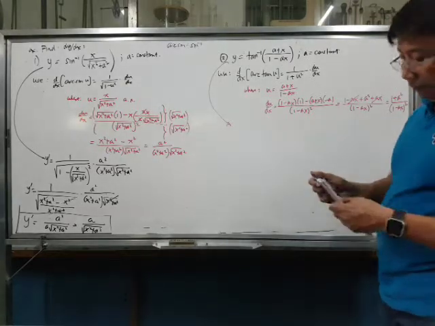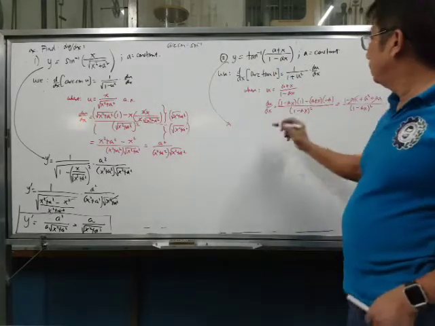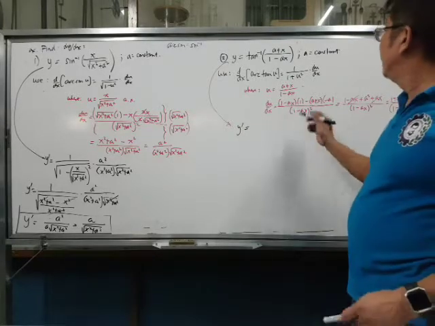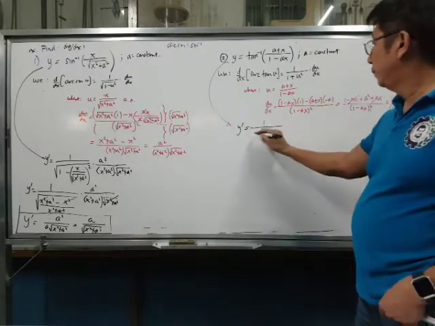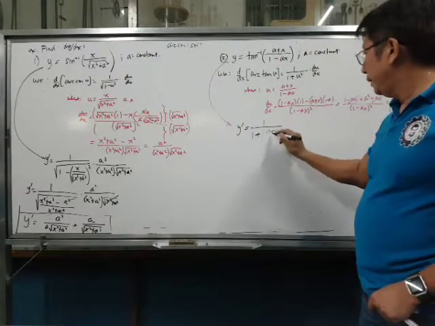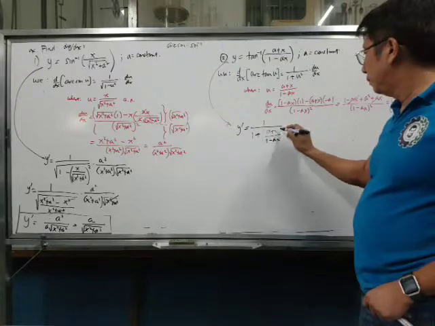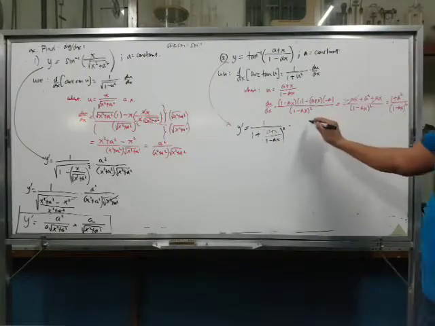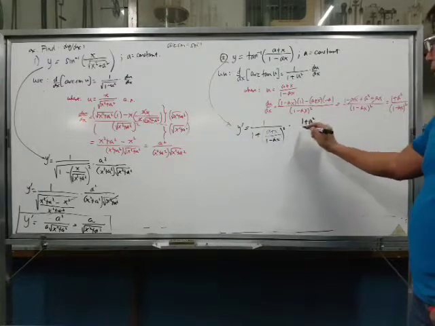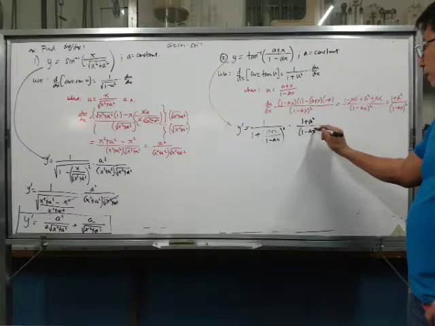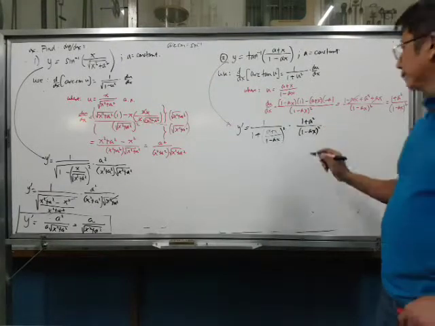So we go back to this. The derivative of arc tangent is 1 over 1 plus u squared. So y prime is equal to 1 over 1 plus u squared, where u is (a plus x) over (1 minus ax), times the derivative of u with respect to x, 1 plus a squared over (1 minus ax) squared.